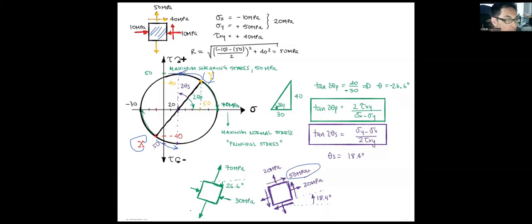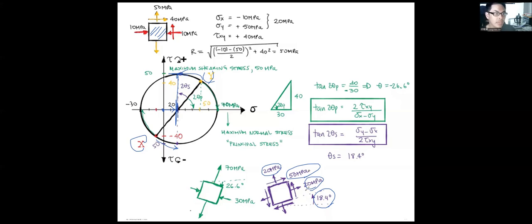However, at this point we get a normal stress of 20 megapascals. It's positive, on the right side of the origin, right here. So in this stress condition, when this element is rotated 18.4 degrees, we get its maximum shear stress with the average normal stress.